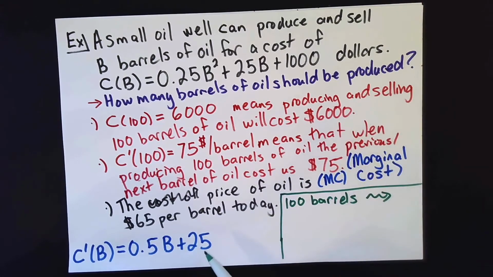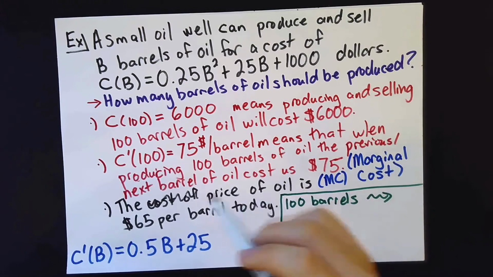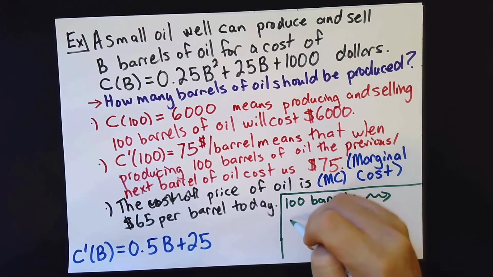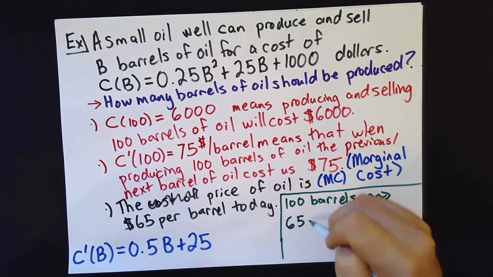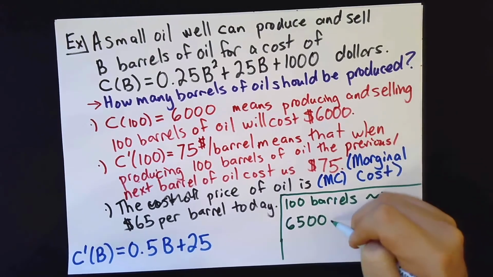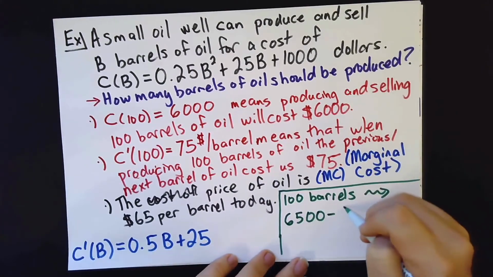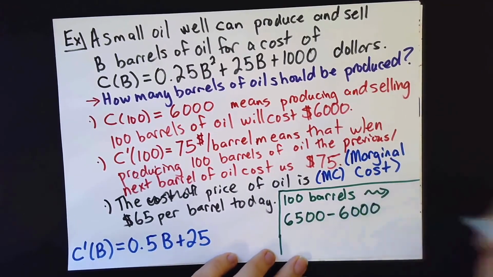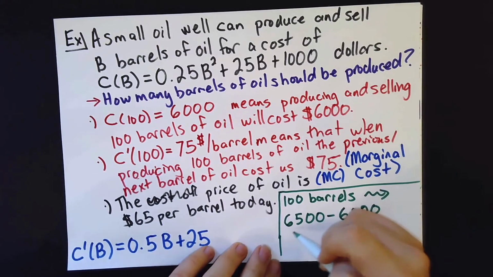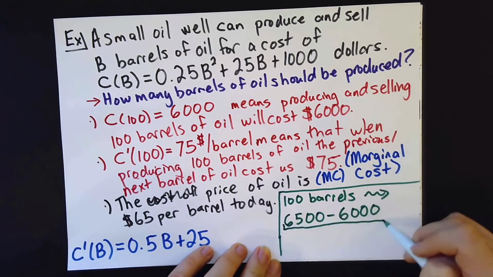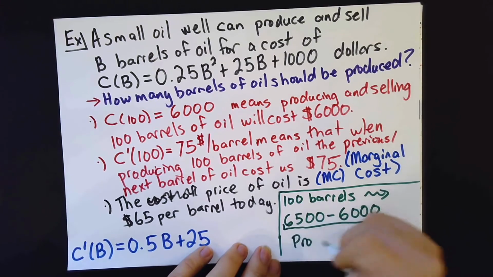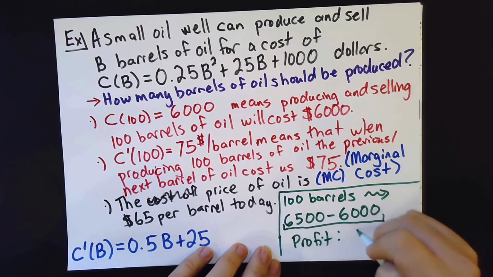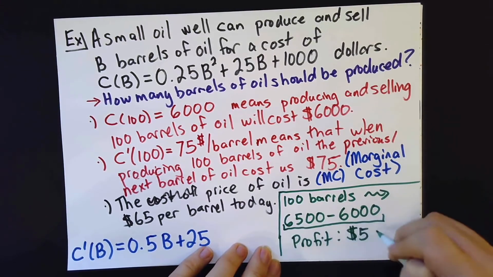But it will make us 100 times $65. So we'll make $6,500. We'll pay $6,000. And so that means in total, we'll get a profit of $500 per day.